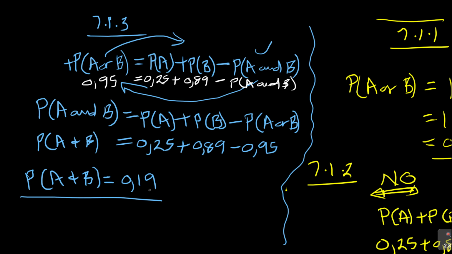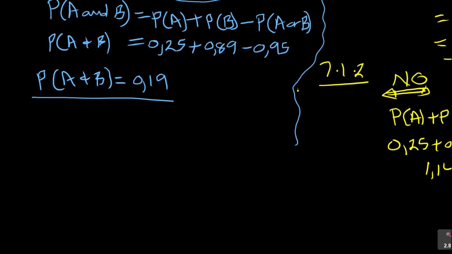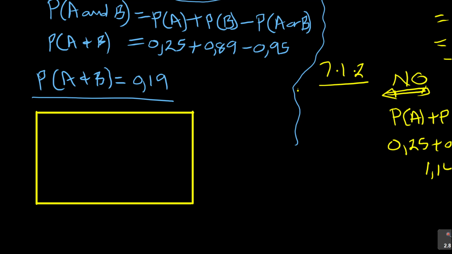So in a way, if I can just show you a picture here, if I had a Venn diagram in my sample space, and I have that, and I have that, this space is A and B. By the way, I didn't label.